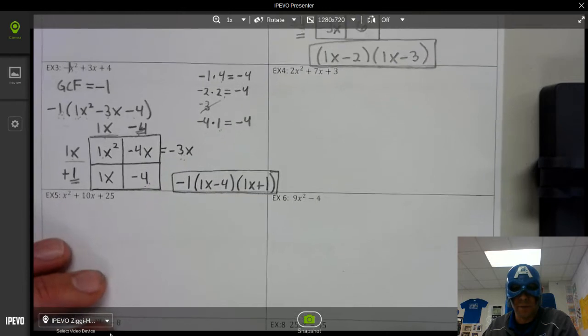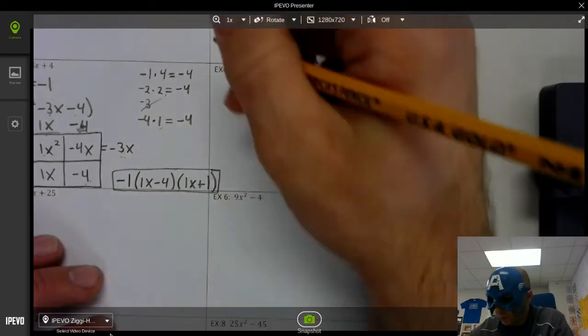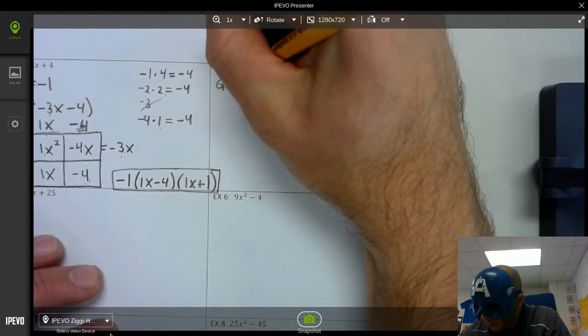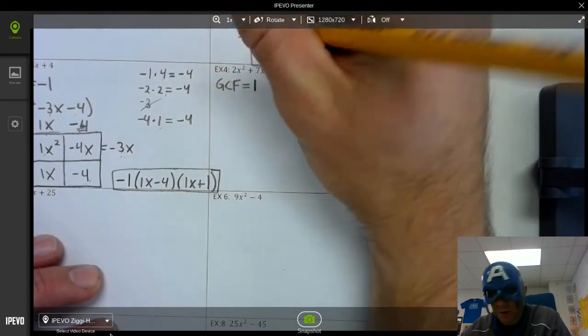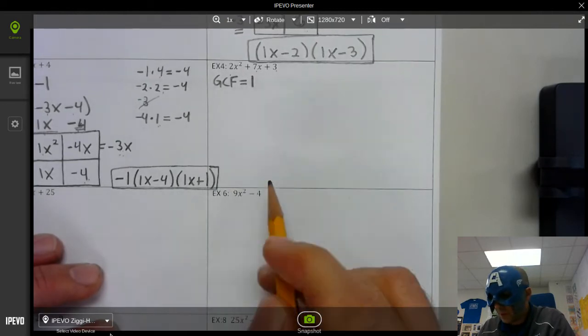All right, so let's look at example 4. All right, so example 4, we look for the greatest common factor. In this case, it is 1. The only thing that we can divide out of each term is 1.